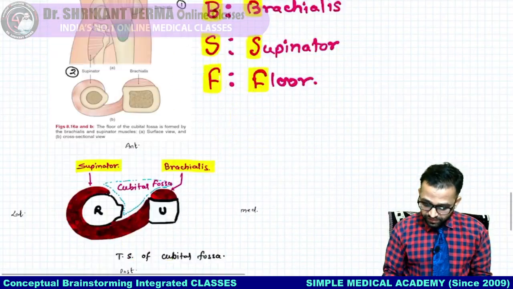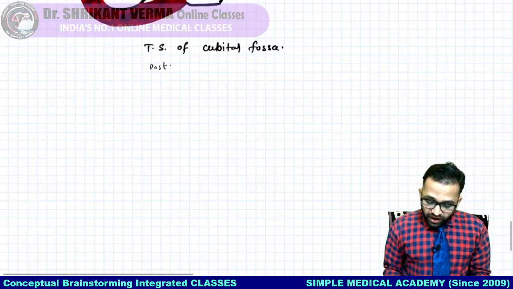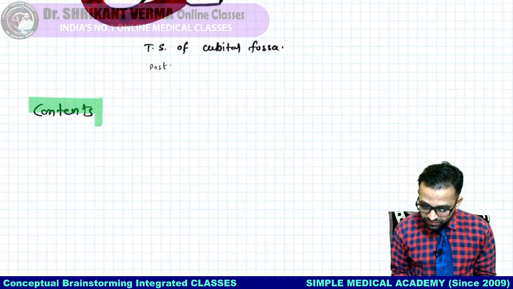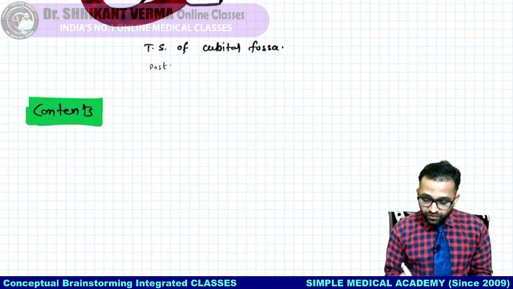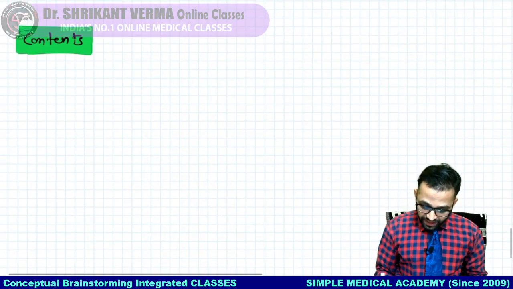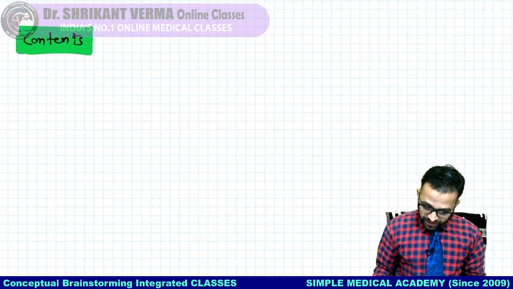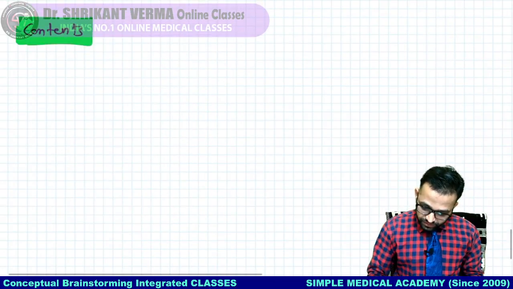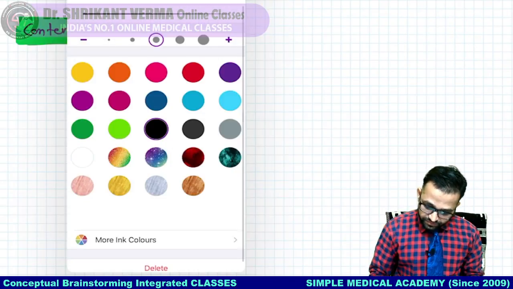And after the floor we are going to observe the contents. For the contents we are going to draw another diagrammatic presentation. The important contents, see here, this is very important.